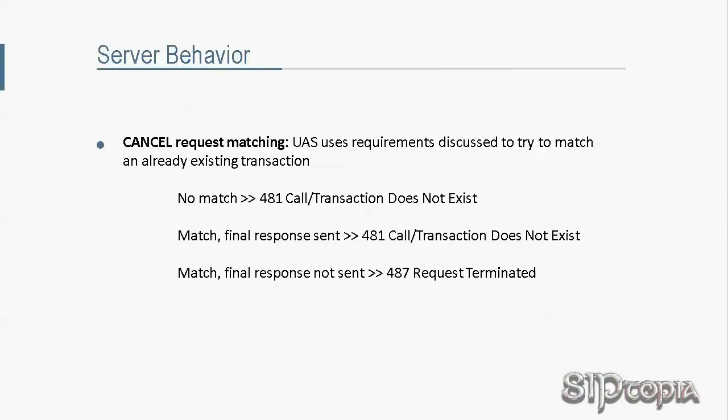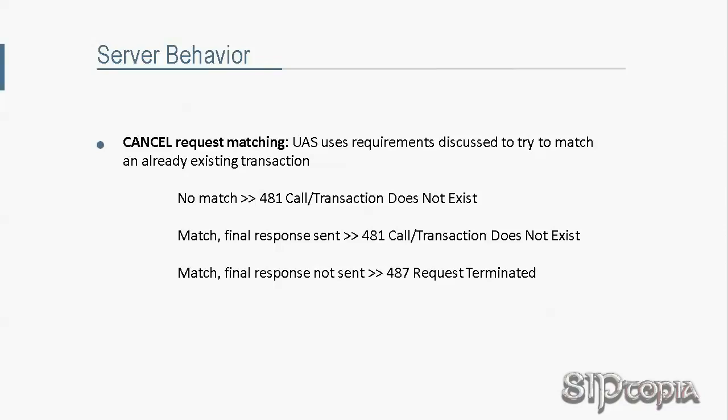If an existing transaction matches the CANCEL request, the user agent server checks to see if a final response has been sent for this transaction. If there was already a final response sent out, similar to the previous scenario, the respective transaction already resulted in a production of a final response and there is nothing left to cancel.